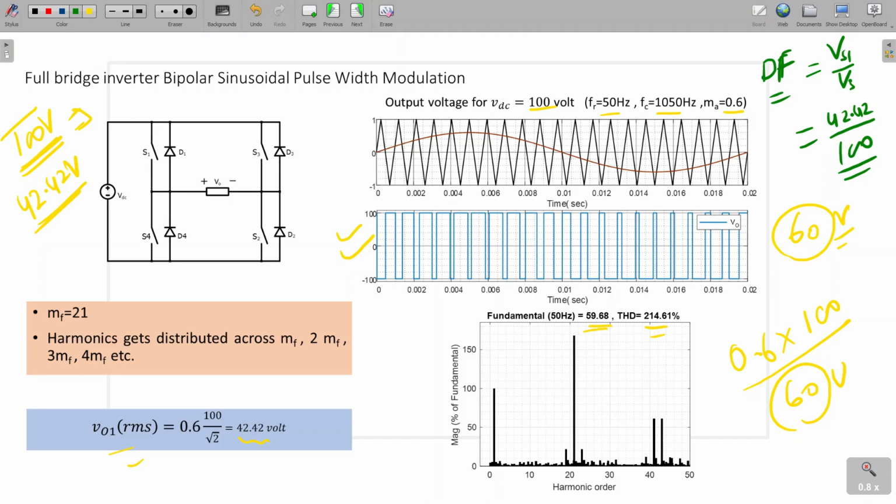So can you calculate the THD value for this one? So DF will be 0.04242. Is it correct? And THD will be 1 divided by 0.04242 whole square minus 1.